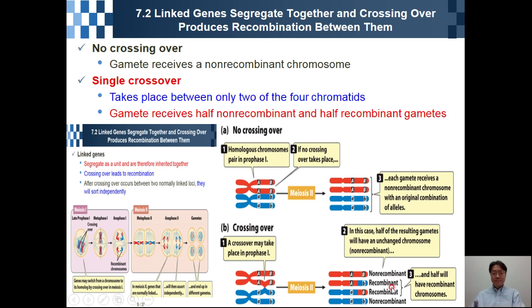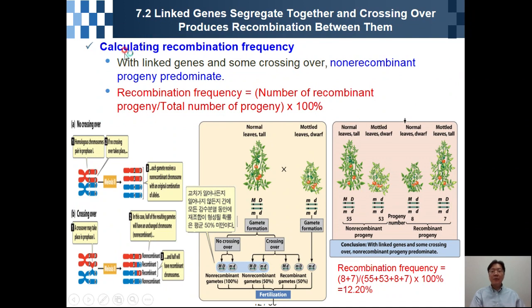Okay. In this slide, we will learn how to calculate recombination frequency. For example, the gene which encodes the leaf color and the gene which encodes the height of the plant are linked to each other. We did a test cross, and the phenotype is normal leaves and tall, but they are heterozygote.